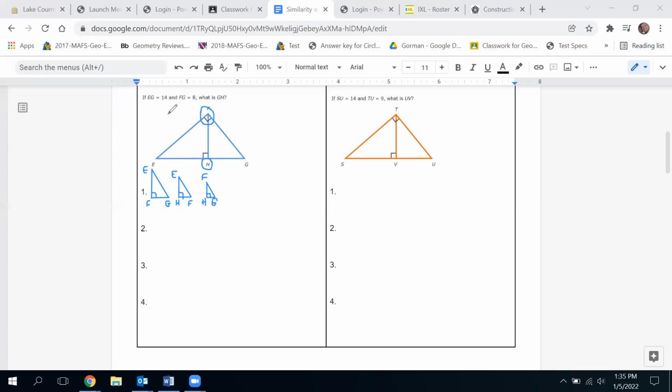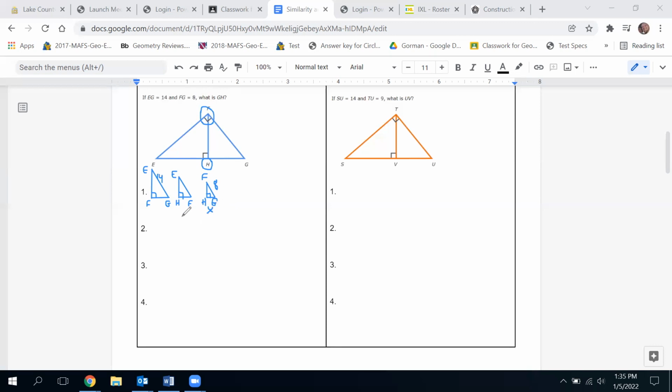One last bit of setup would be to include the lengths as given. So we've got EG equals 14. And FG equals 8. And GH, well, we don't know GH, but we'll call that unknown length X right there.